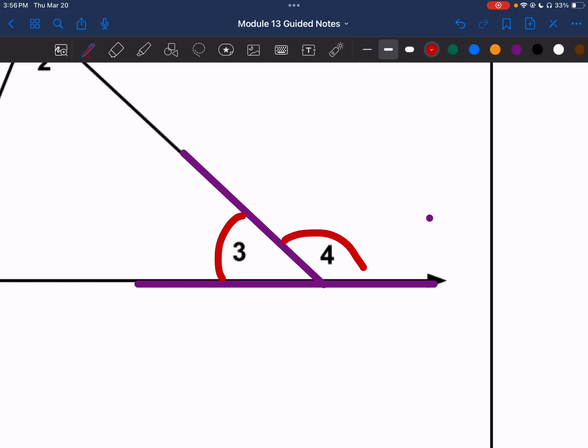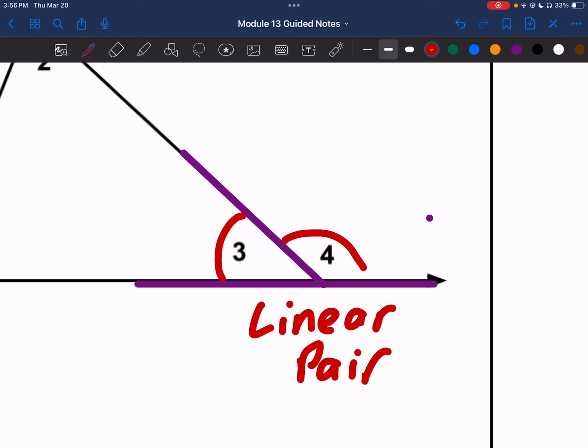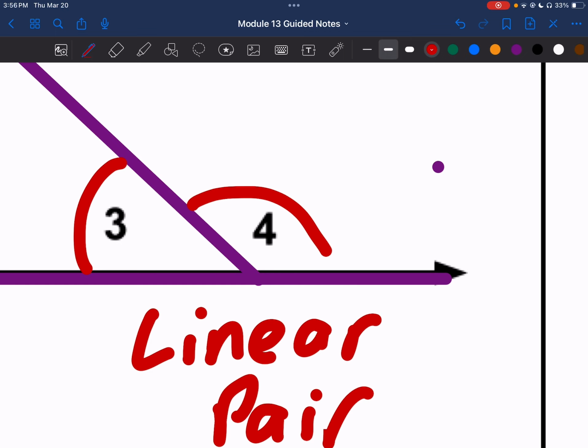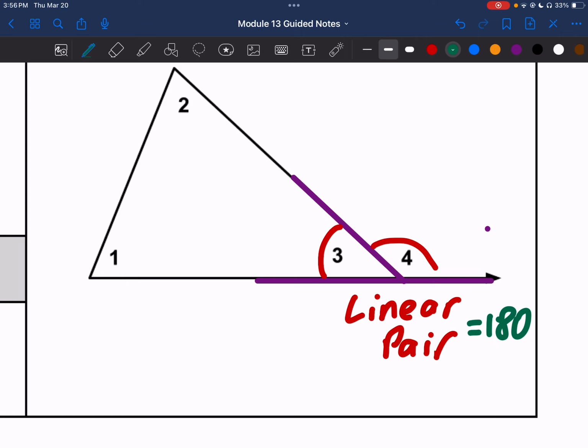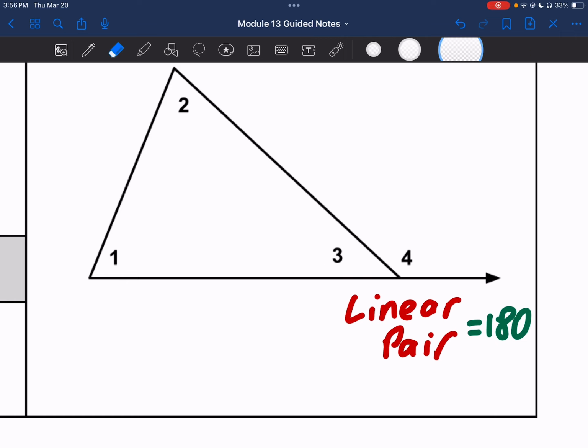We know that this is a linear pair. It's two angles that are adjacent to each other that make up a straight line. They are a linear pair, so what does that mean? They equal 180 degrees.